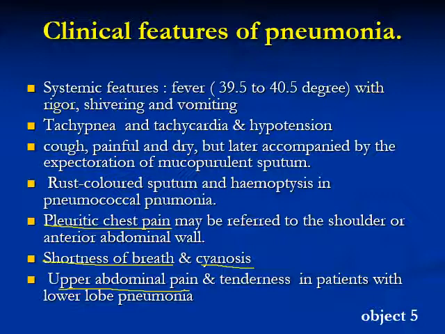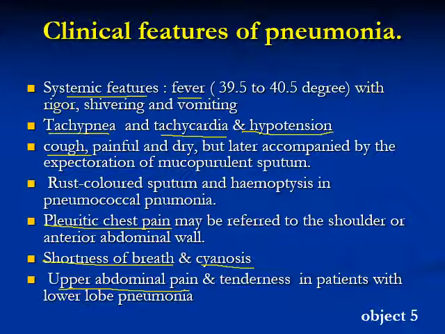So clinical features start with the systemic features, which are mainly fever, rigor, vomiting, and this may lead to tachypnea, tachycardia and hypotension. Cough, which is first dry and painful, then becomes productive with mucopurulent sputum.